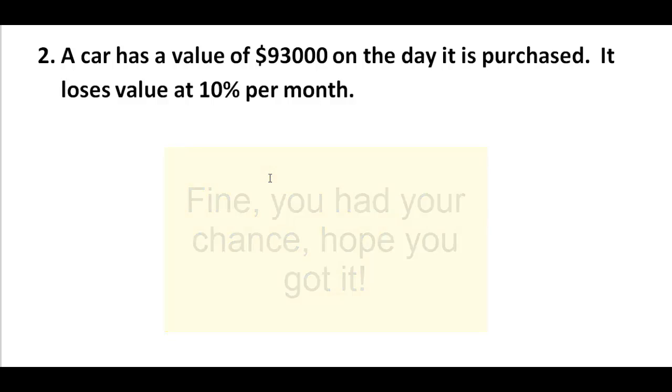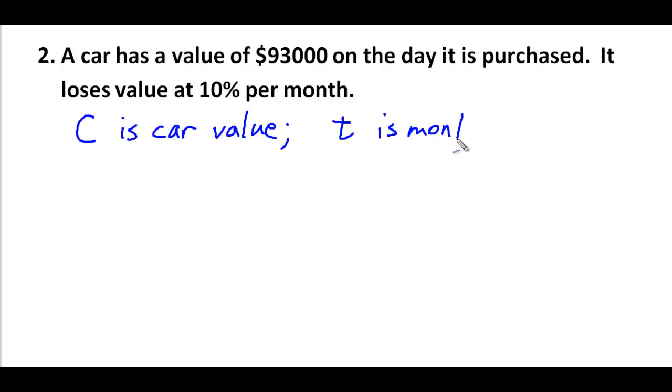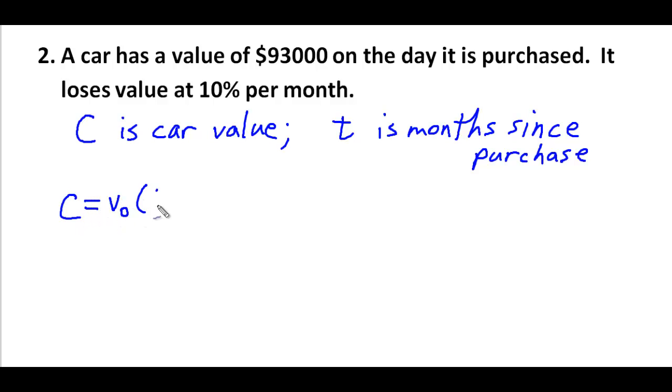So let's start with our variables. I'm going to have C is car value, t is months since purchase. And so we write our equation. We have C = v_0 (1 + r)^t.